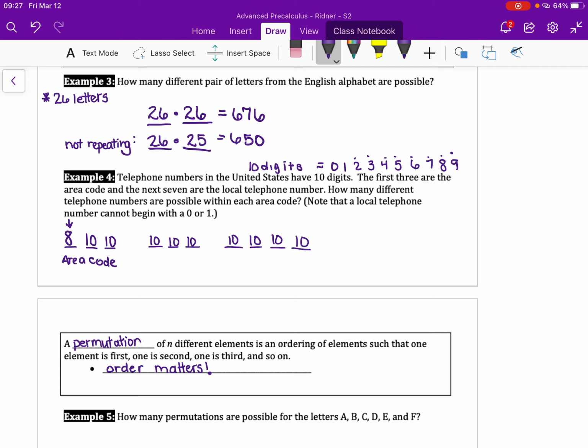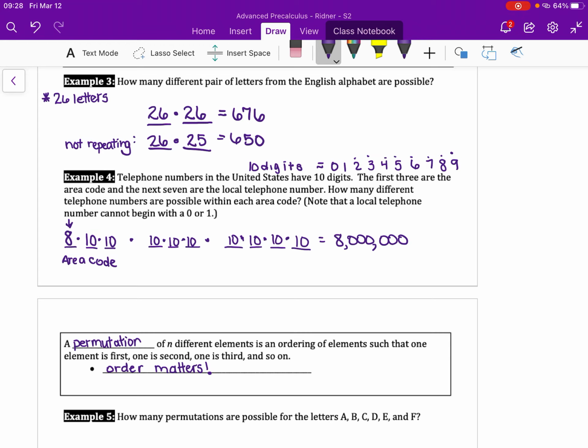Okay? So our fundamental counting principle says that we just multiply all of those numbers together to figure out how many possibilities there are for phone numbers. So there are 8 million different possibilities.